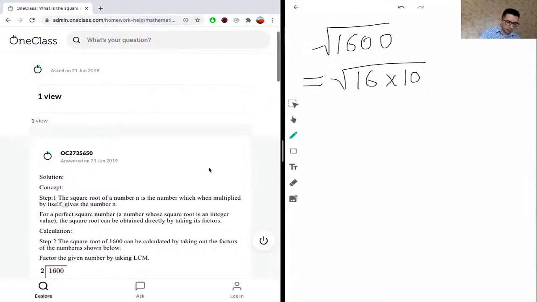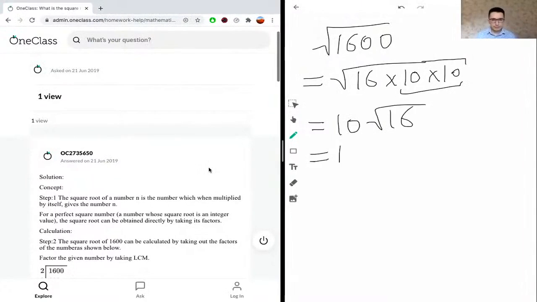That's for one zero, and then times 10 again for the other zero. And we can also simplify this, knowing that there's two 10s. That means it's 10 squared. We can take the 10 out front, so we're left with 10 square root 16. And we know that the square root of 16 is 4.